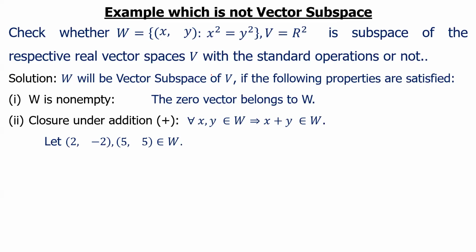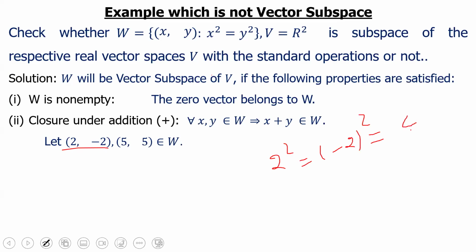So we are taking two different elements of W. One is (2, -2), because 2² = (-2)², which is equal to 4. So both are equal. Similarly, (5, 5), because 5² = 5² = 25.